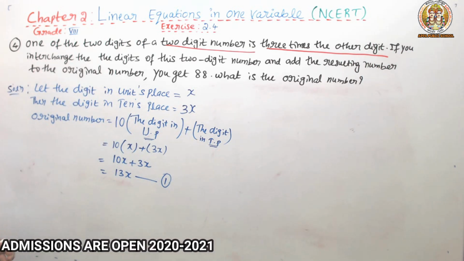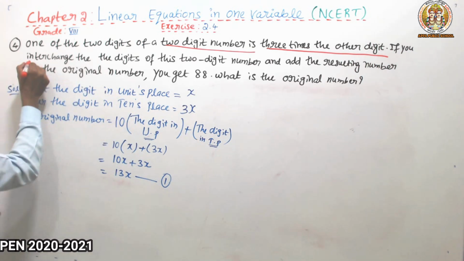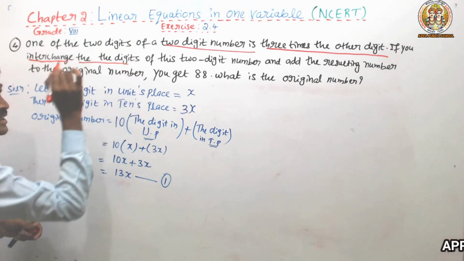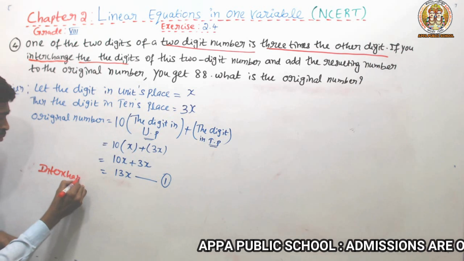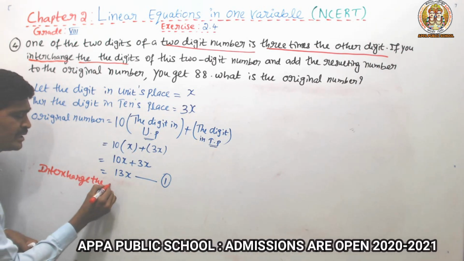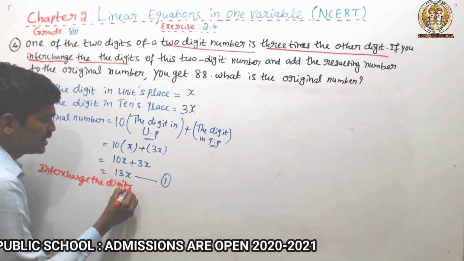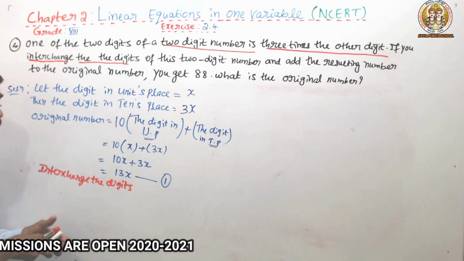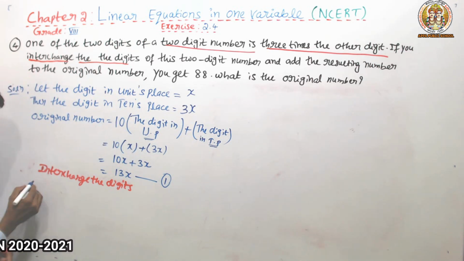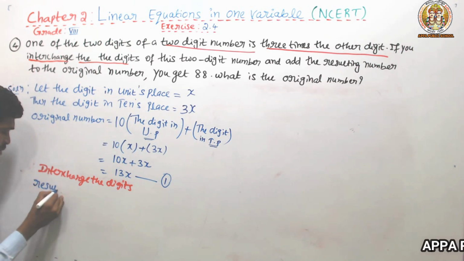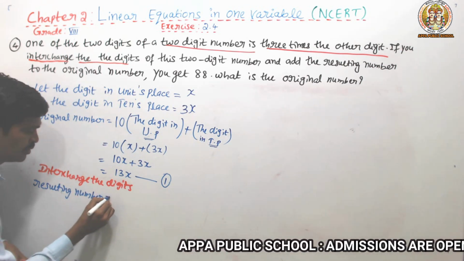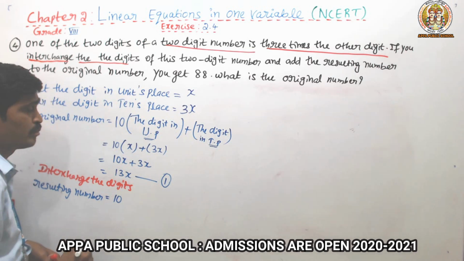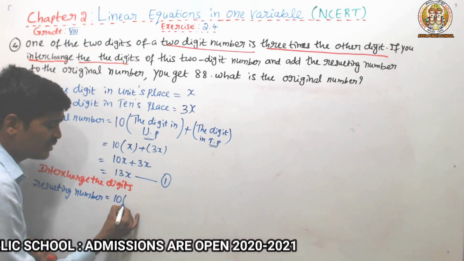Understood, my dear students? Next step, interchange the digits. Original number will become the resulting number. Don't change 10, place value keep as it is.